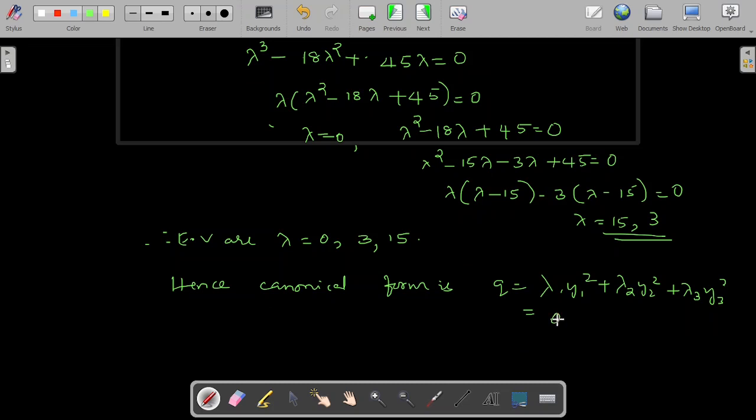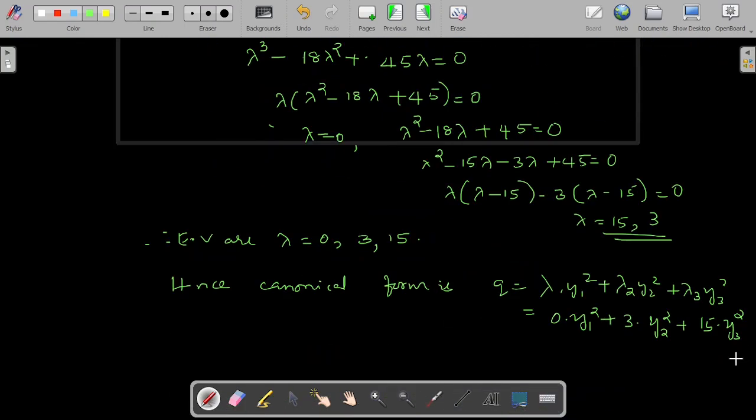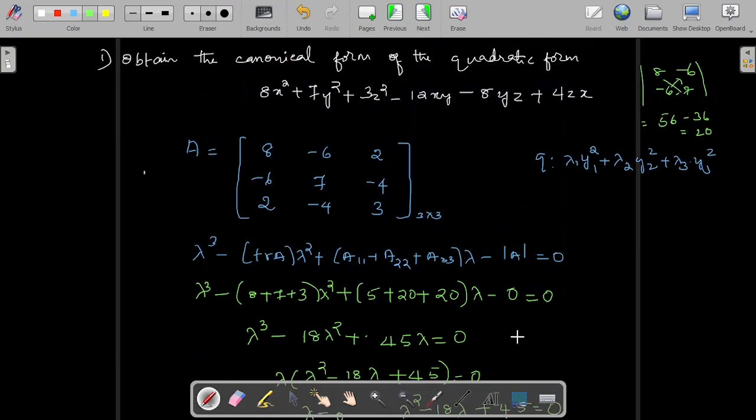So we have 0 into y1 square plus 3 into y2 square plus 15 into y3 square. So this becomes 3y2 square plus 15y3 square, which is the canonical form of the given quadratic form. We will write it in this way only, because that will finally help you to find the rank, index and signature of the quadratic form. This is how we reduce the given quadratic form into canonical form.